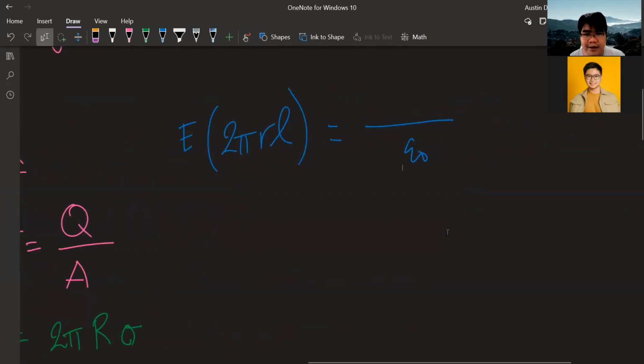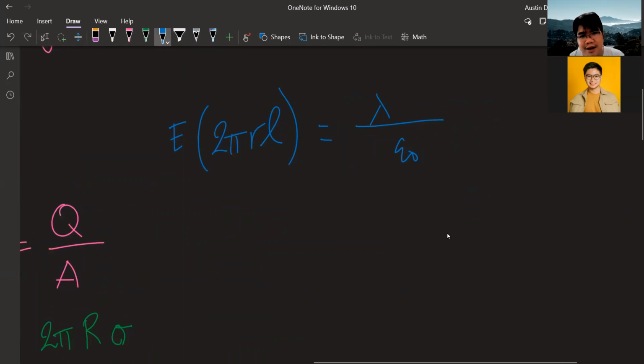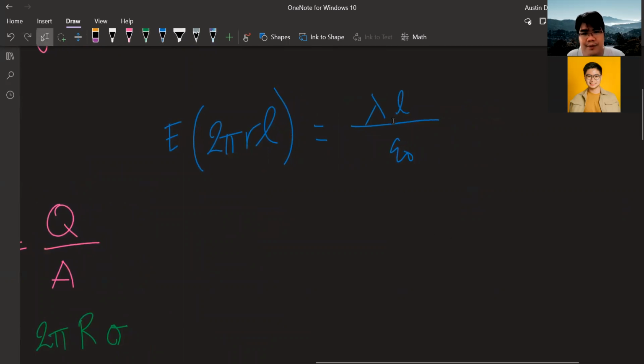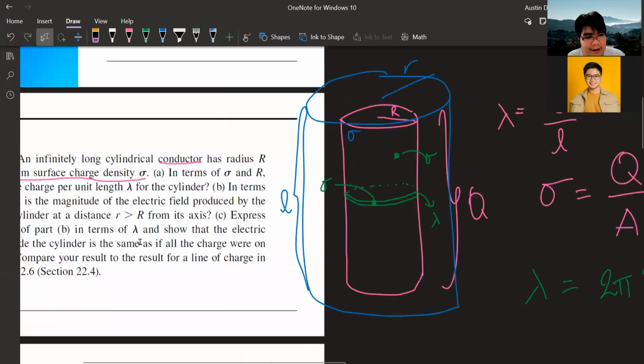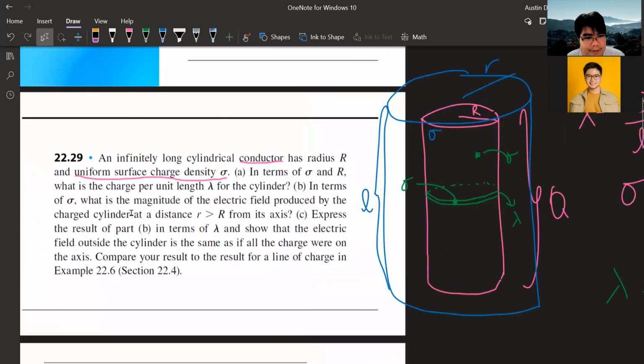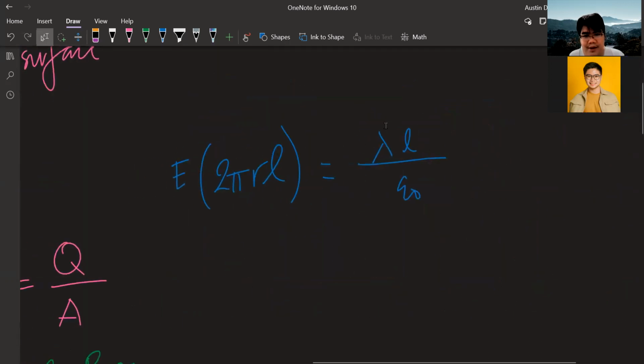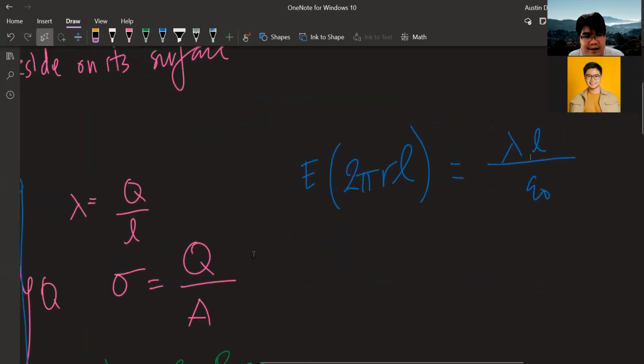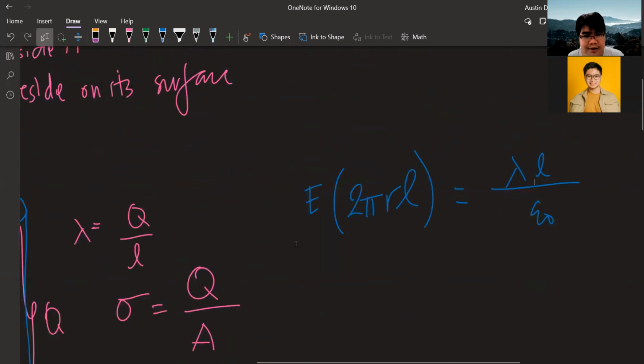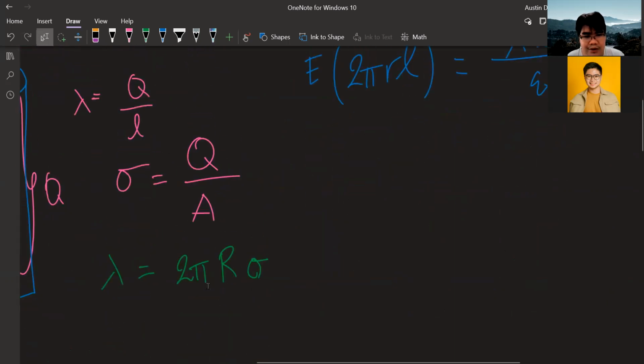So therefore, charge per unit length times length would be charge. So ayun yung charge na enclosed mo. However, tinatanong sa atin, what would be the field in terms of sigma? So with this, papalitan mo lang si lambda ng sigma mo in terms of sigma. So you switch it to there.